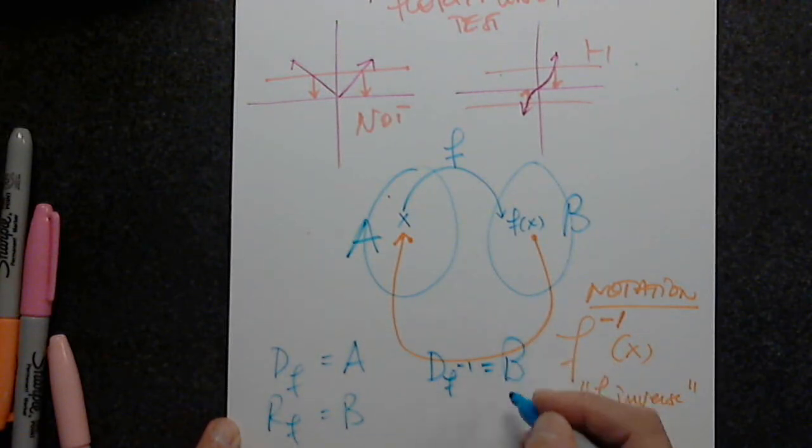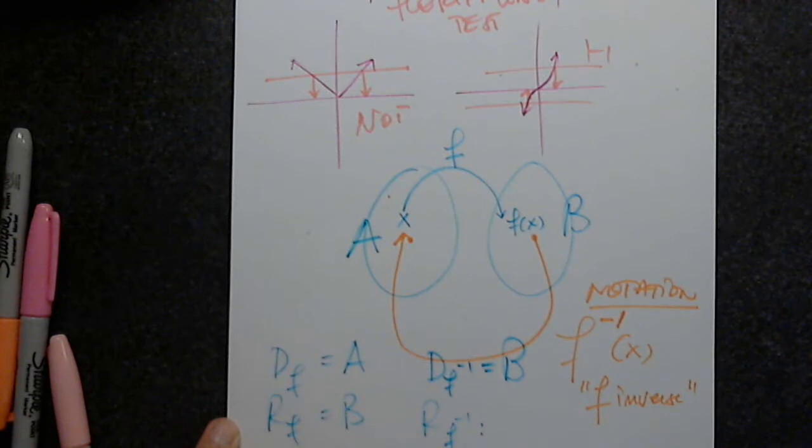Of course. And the range of f inverse? They are carved in stone. If the function takes values from A to B, the inverse function has to be defined on B, taking values back to A. Mandatory.